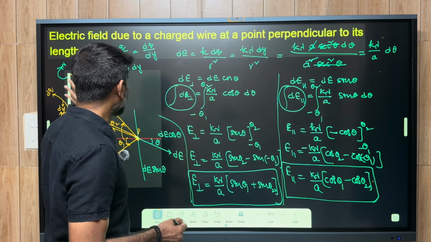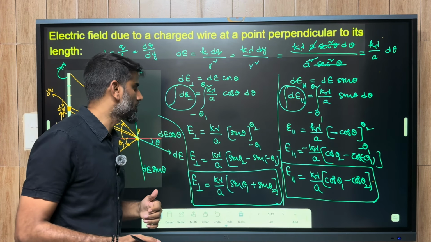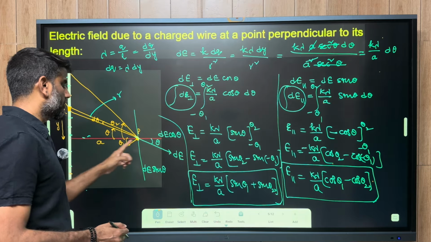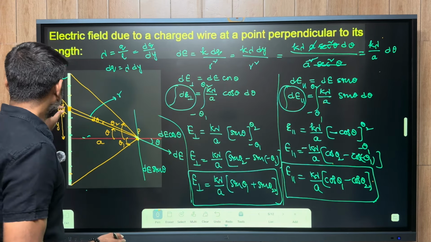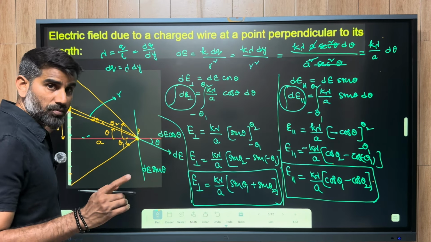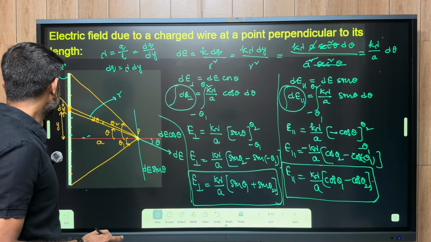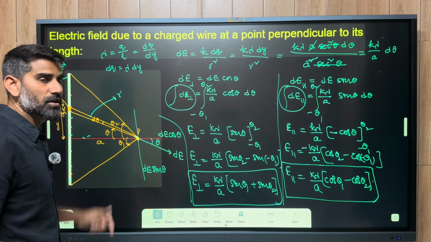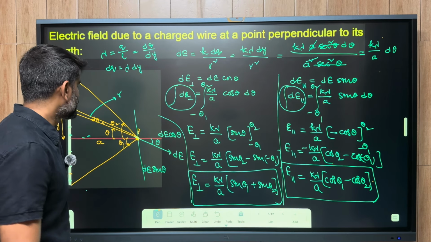Let's repeat the steps one more time. I have taken a charged rod, I have considered a point of interest P, and I have divided the entire rod into small pieces. I have considered one piece whose length is dy, whose charge is dq, at a distance y from the vertical line.